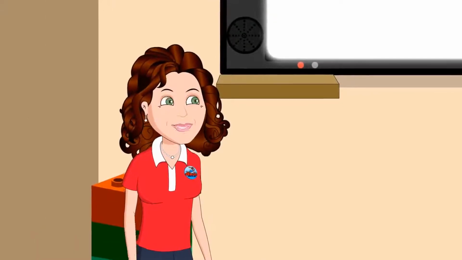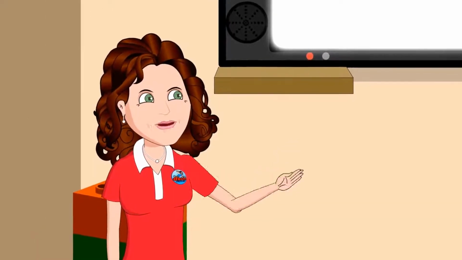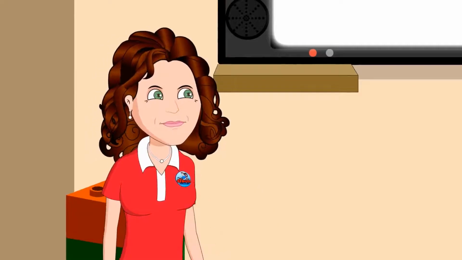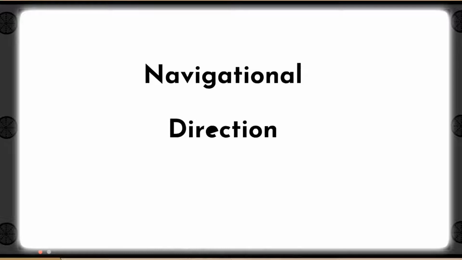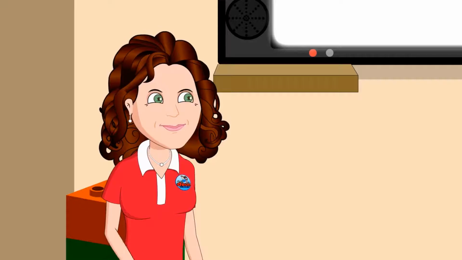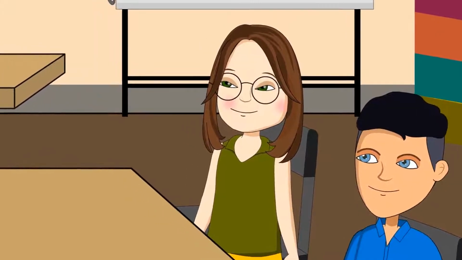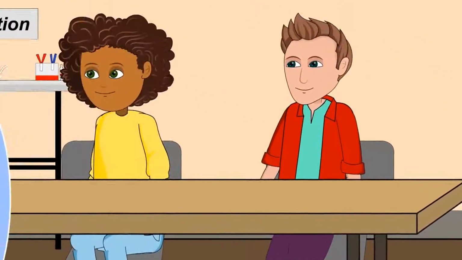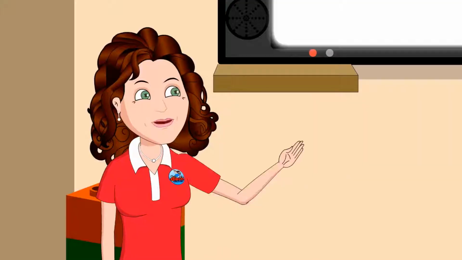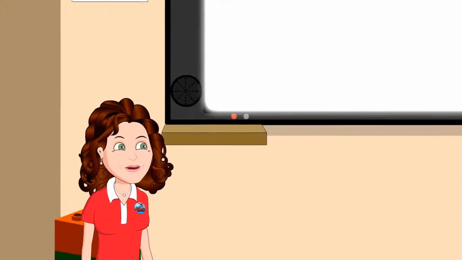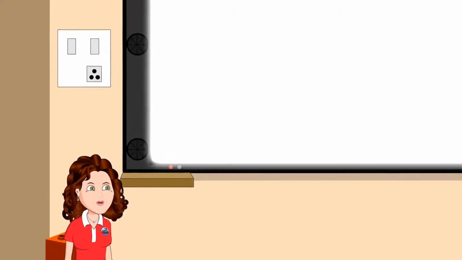You've all heard Sergeant Reed and I use different terms to indicate the direction a drone flies. We call these names Navigational Direction Terminology. To help us understand what we are describing, let's first talk about the dimensions of the world in which we live. A picture, drawing, tablet, or even a TV screen has two dimensions.